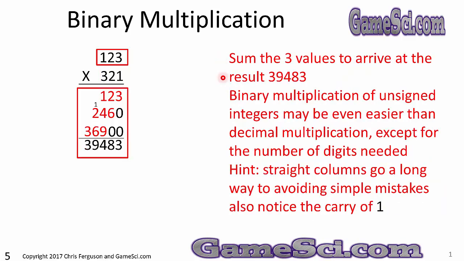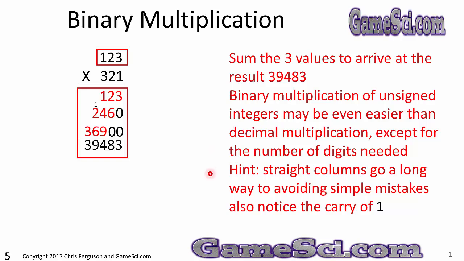Sum the three values and arrive at the result 39483. Just summing up the columns here. There's an 8, there's a 5, 14, carry the 1. Binary multiplication of unsigned integers may even be easier than decimal multiplication, except for the number of digits needed.